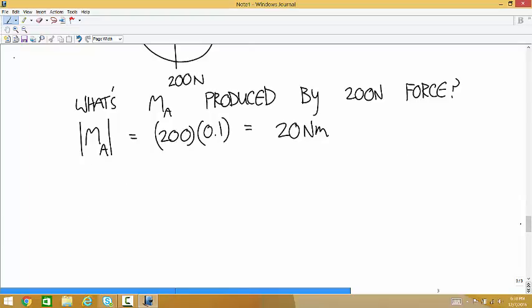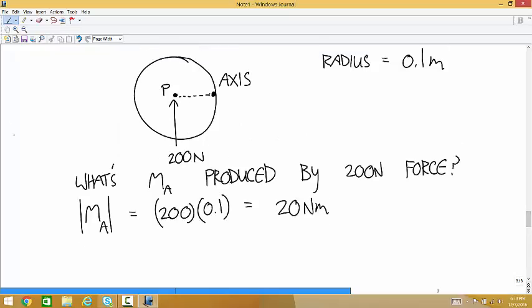And now, with the axis here, would that force make this object rotate clockwise or counterclockwise? Clockwise. And notice that where the axis is has an effect on which way it would rotate. If the axis was over here, that force would make it rotate like this.